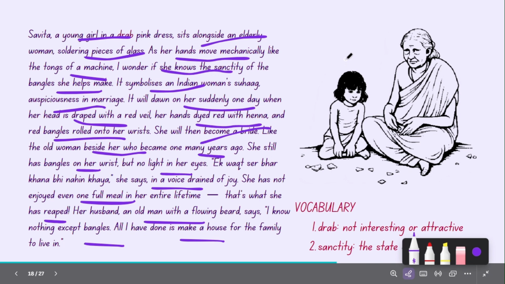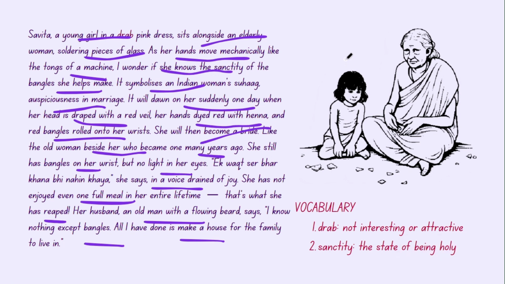Now, this is the story of another family, of a girl named Savita who is wearing a very old pink colored dress, but it is a faded dress.